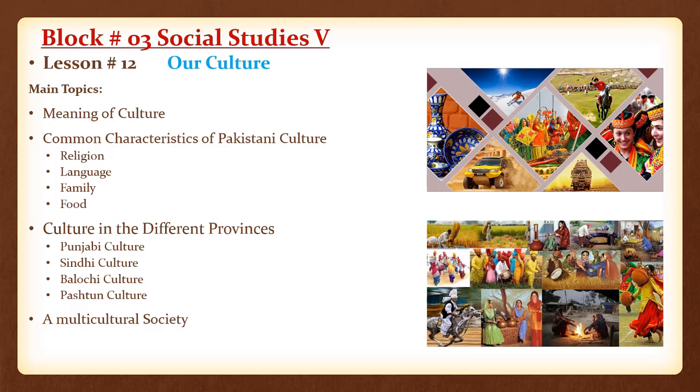All sessions to learn these provincial cultures will be more interesting when all students participate and present their own cultures with their fellows. The topic, a multicultural society, will conclude this chapter.